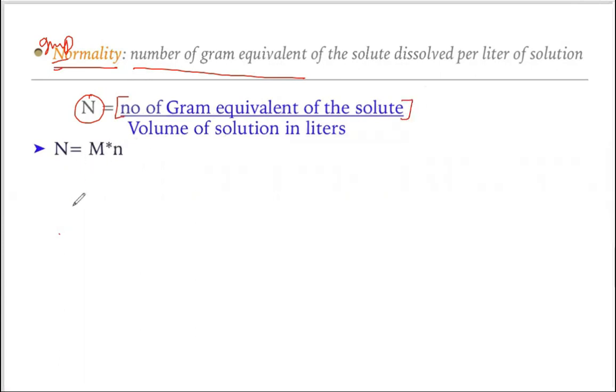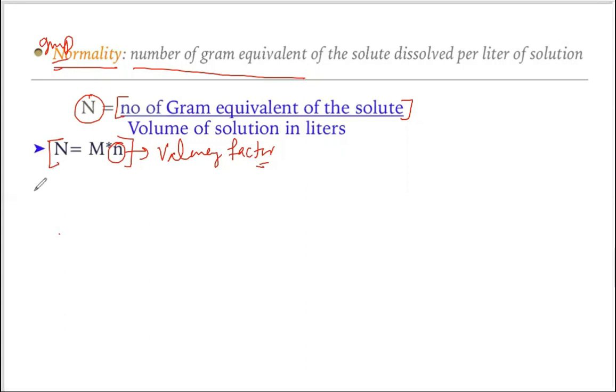This formula is the relation between normality and molarity. So what is this n? n is represented as the valency factor. Let's suppose I'm going to explain it from the basics.